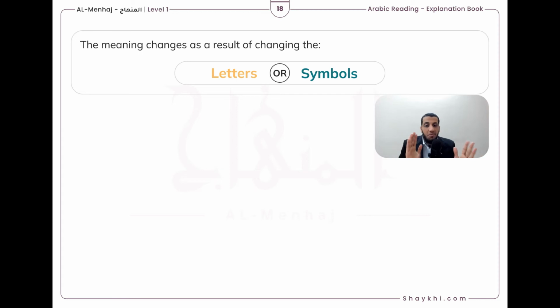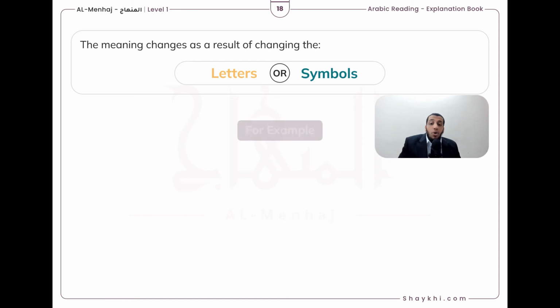So just changing one letter or one symbol might change the whole meaning of the word. You can imagine how. Not one letter and one symbol. No. Changing just one letter or changing just one symbol changes the meaning of the word. Let's discover how.